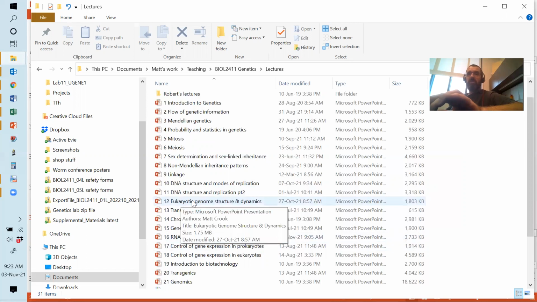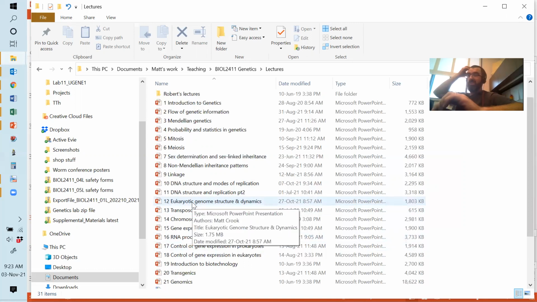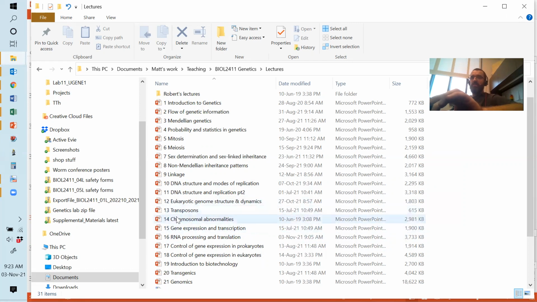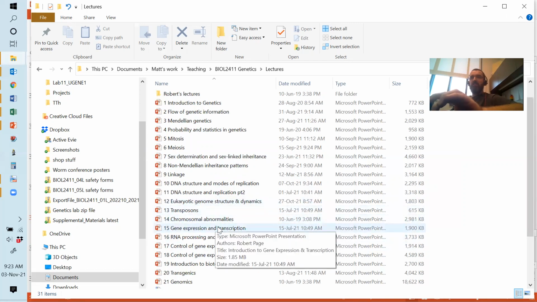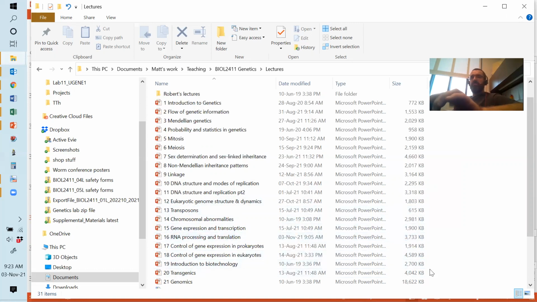Okay. So genome structure. I don't know why I'm not hearing you through my headphones, but hopefully you can hear me okay. So it's from 12, which is genome structure dynamics, through transposons. Ignore 14 there, it's a bit of a relic. And then 15 and 16.